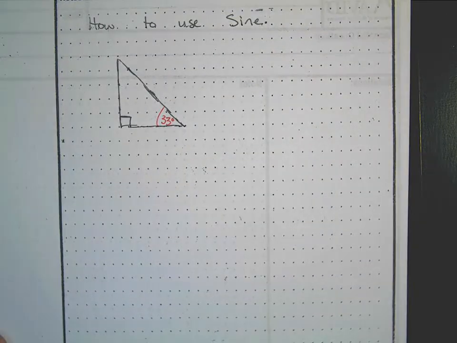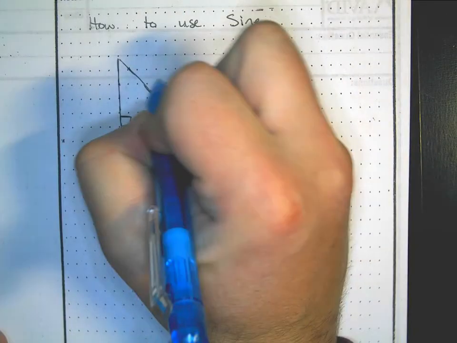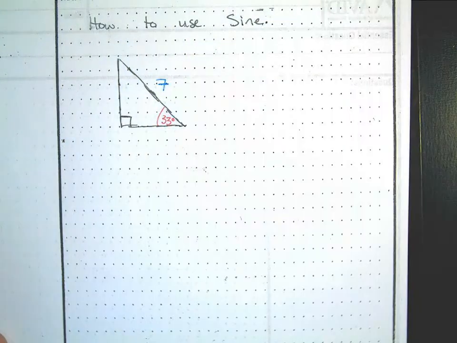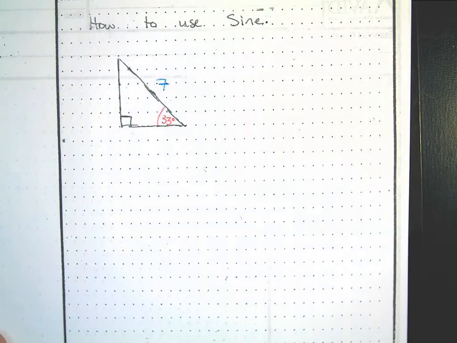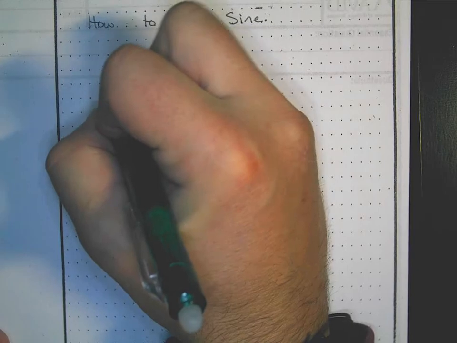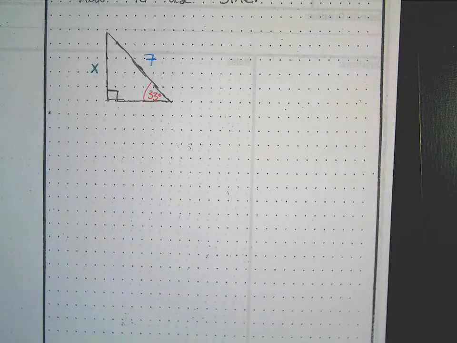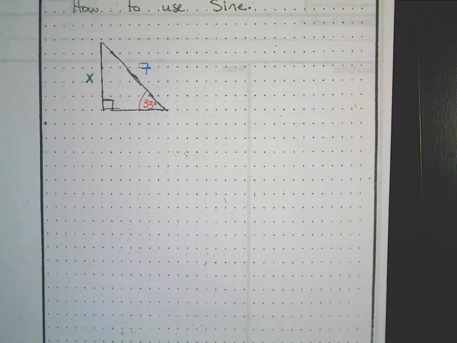And then I'm given that my hypotenuse is a length of 7. Find what x equals. X is going to be my side length. Okay. So this is what's given to us. This is how a problem is given, and then we are about to go through the motions to solve it.